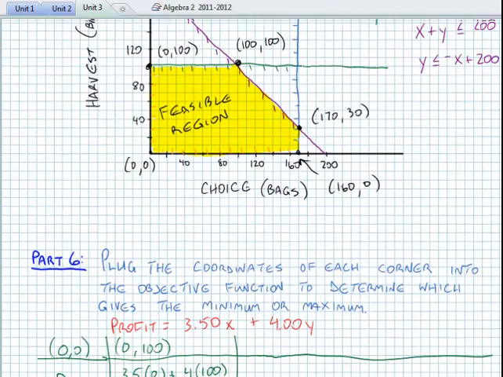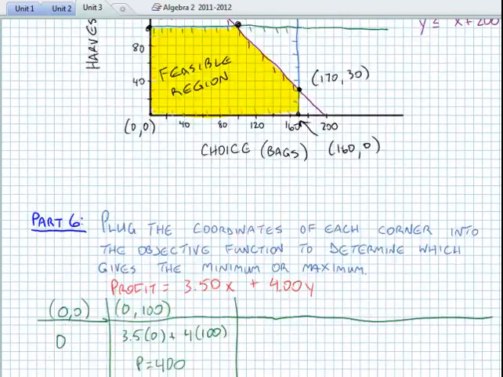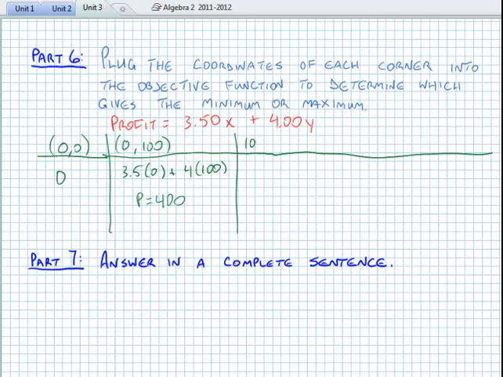We'll find out next. Now we're going to try the point 100, 100. So we have 100 for x and for y, which means I'm going to go $3.50 times 100 plus $4 times 100. Leaves us with $350 plus $400, which gives us $750. That's our profit there.